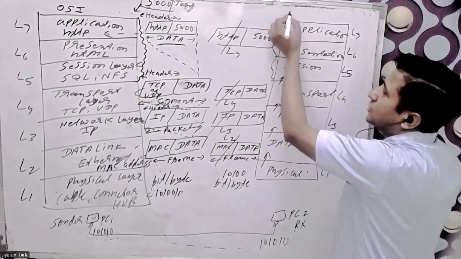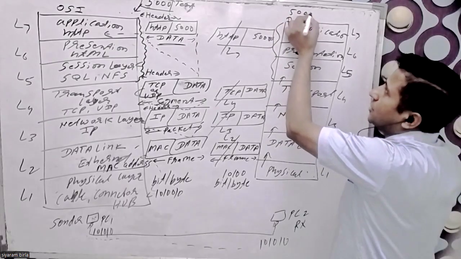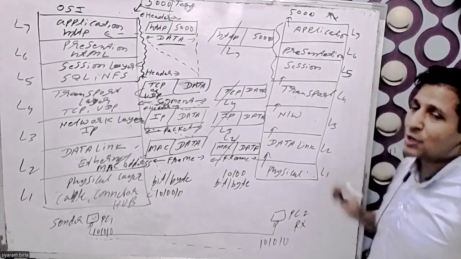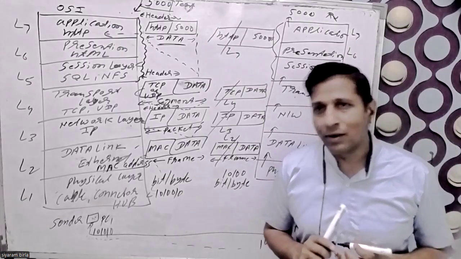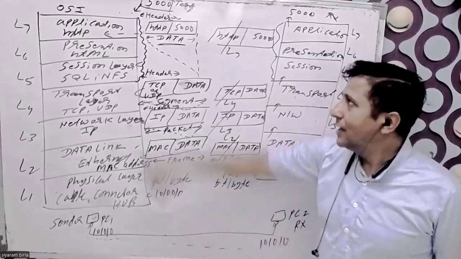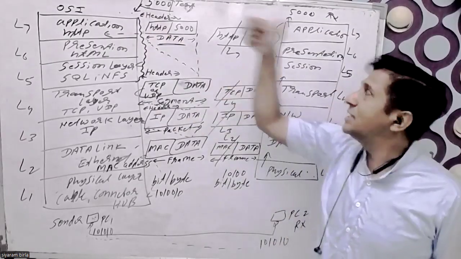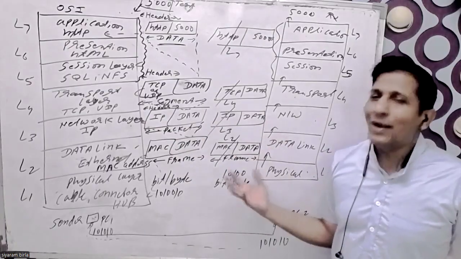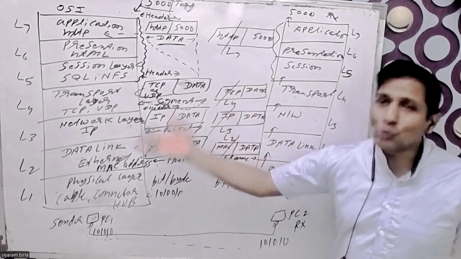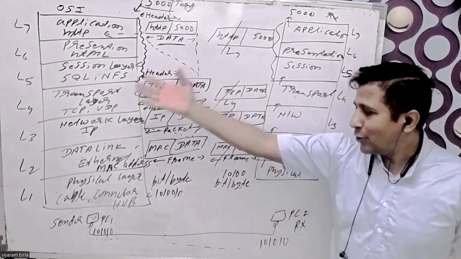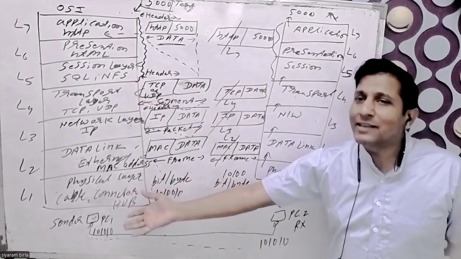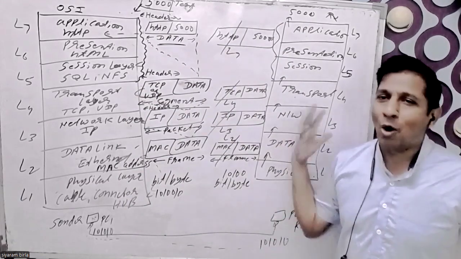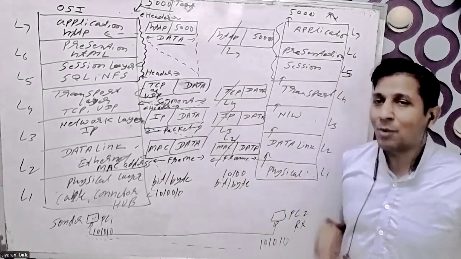After that, the application displays the 5,000 rupees to the receiver, so the receiver can see 5,000 rupees come into their account. The sender sends plain text, and the receiver receives plain text. That is called end-to-end delivery, or host-to-host delivery, meaning how the receiver receives the data when the PC sends it, in the logical model. So this is the logical model.